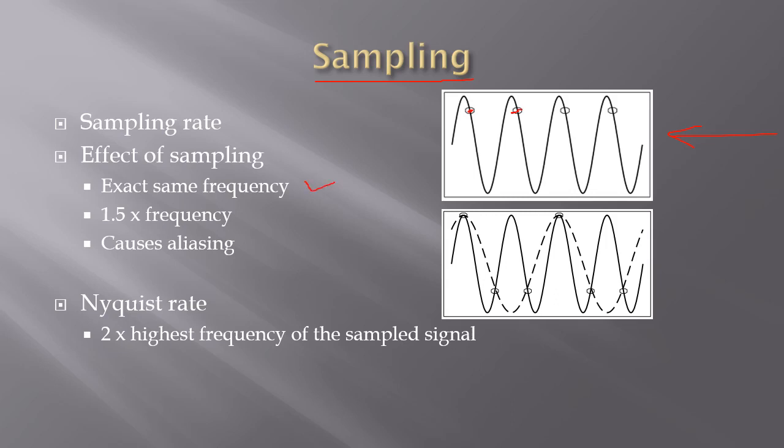It means that if the signal frequency is 10 Hz, we sample also at the speed of 10 samples per second. Then we will end up reading the signal at exactly the same position each time.